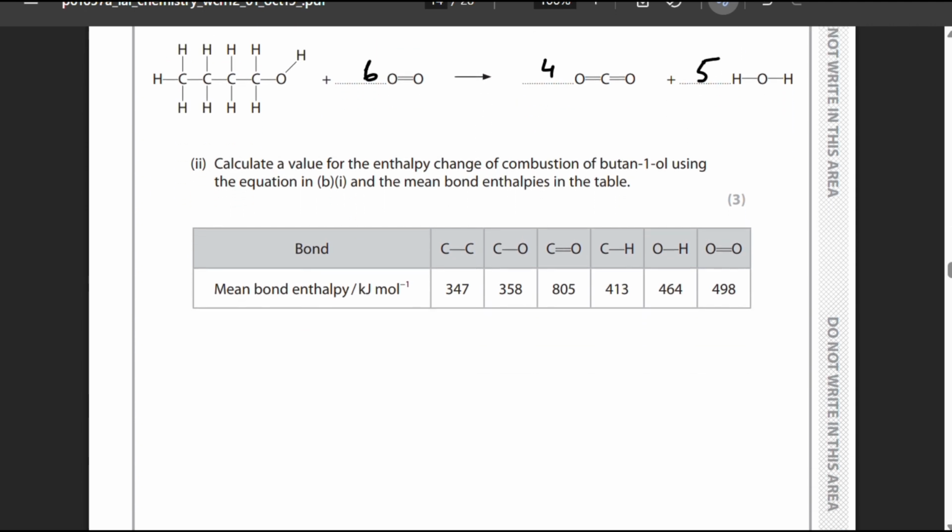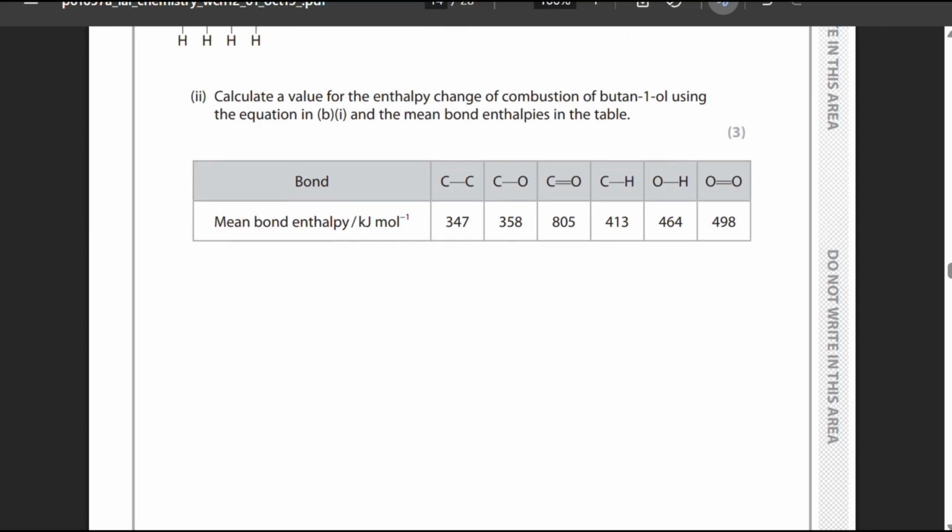Calculate the value of enthalpy change of combustion of butane 1-ol using the equation and the mean bond enthalpies in the table. So you need to find the enthalpy change of combustion, and the formula is the bond breakdown minus bond form. So first you calculate the energy involved during the bond breakdown.